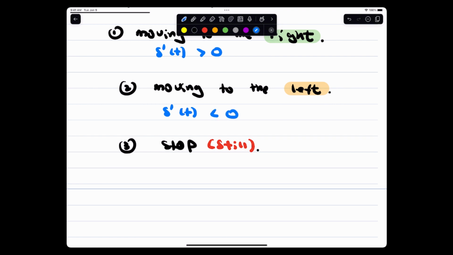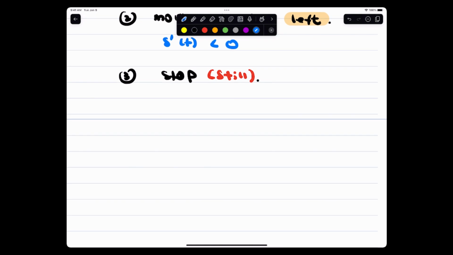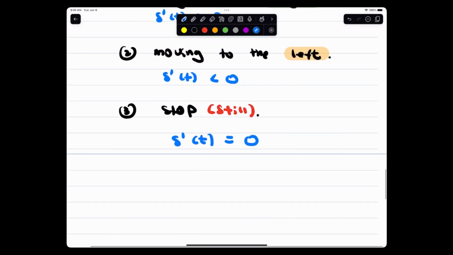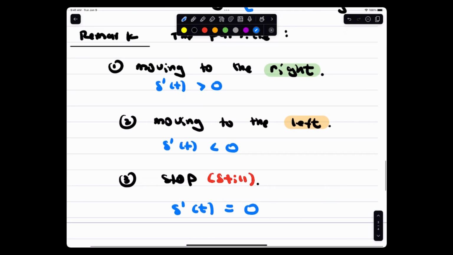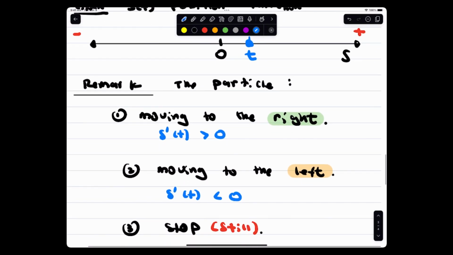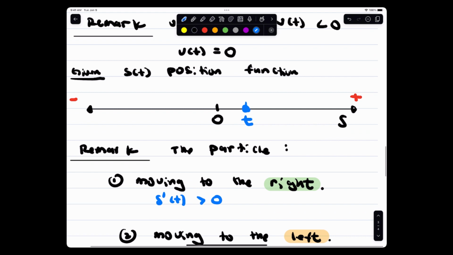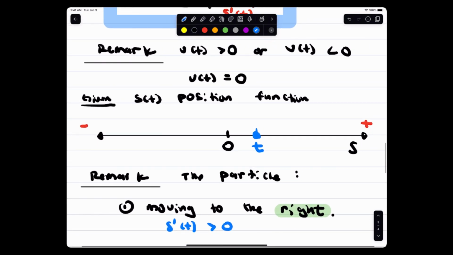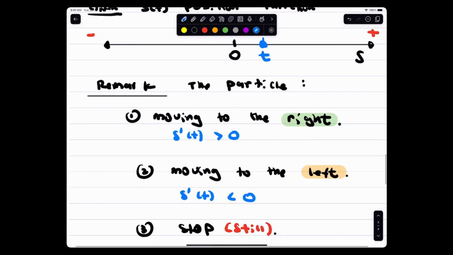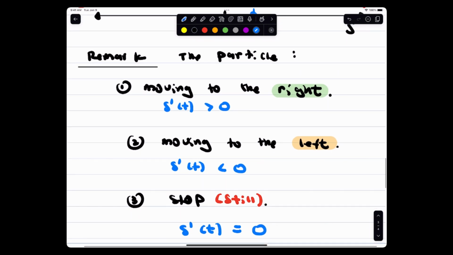Okay? When is that particle still? When the velocity equals 0. Not position 0, but if your velocity is 0, you're not moving at all. Does that make some sense? So that derivative has valuable information about this particle and the direction it's going. That's the first derivative.